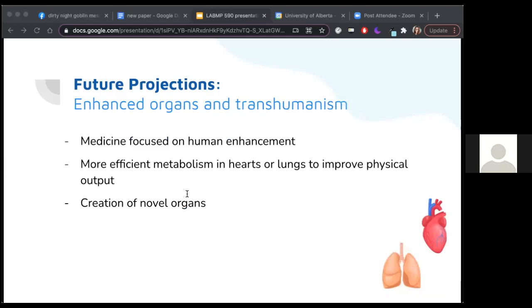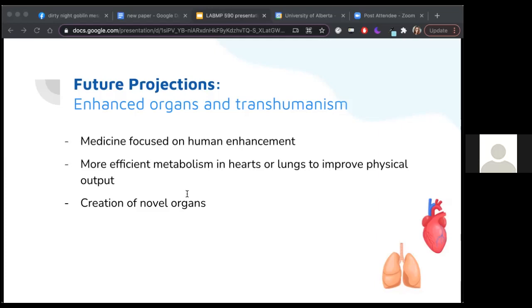The third future projection is enhanced organs and transhumanism. So in the future, medicine will be focused on human enhancement. 3D bioprinting can produce organs that allow humans to exceed our natural capabilities. The cells from a patient could be genetically modified before being used to make the bioprinted organ.